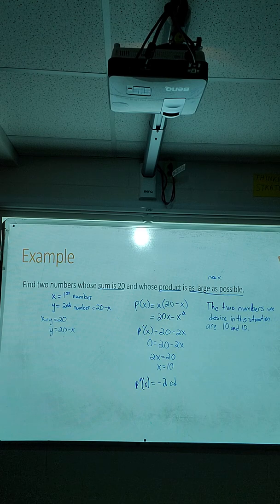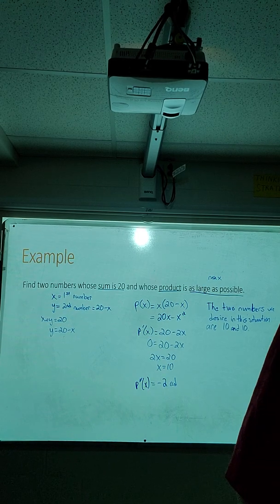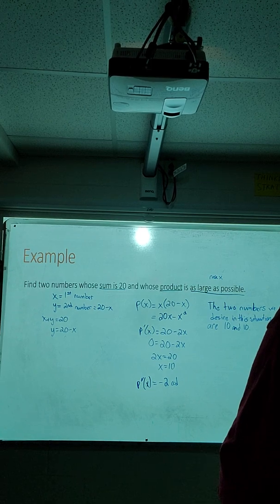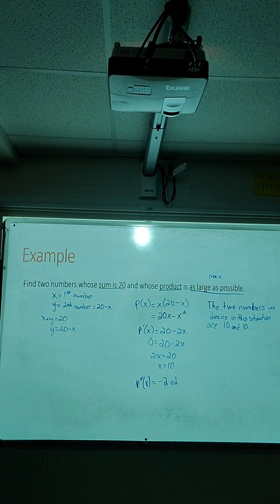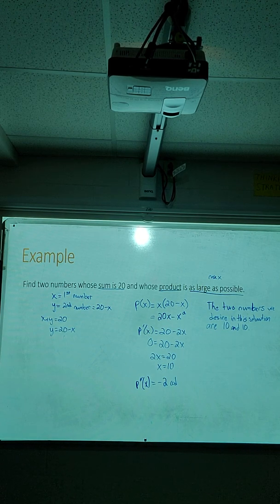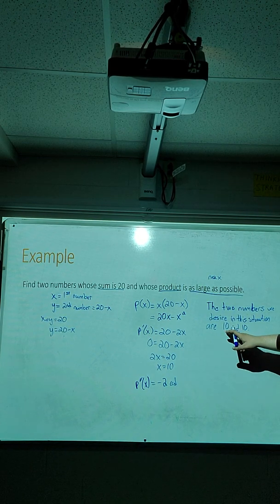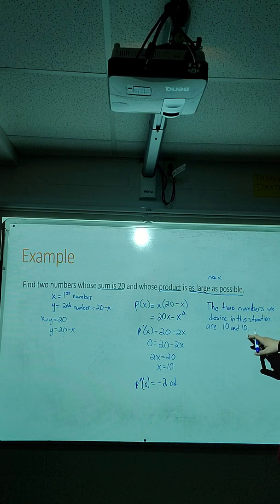And if I do 8 times 12, 8 times 12 gives me, right off the top of my head, I'm having a moment here, 96. You can see that the product is getting smaller as I decrease one number and increase the other one. So the biggest product I can get is if the two numbers are the same in this situation, 10 and 10.